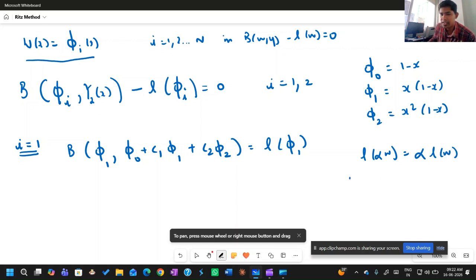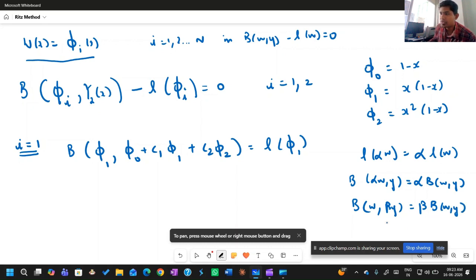Similarly, for B of alpha w comma y, if alpha is non-zero, we can take alpha outside, so alpha times B of w comma y. And similarly, for B of w comma beta y, we can take beta outside and get beta times B of w comma y.